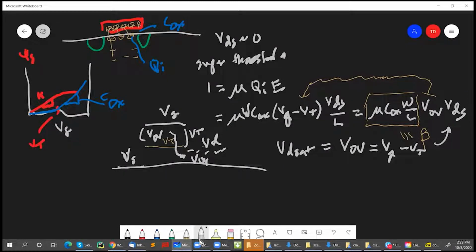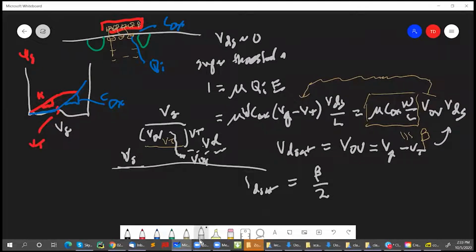You get the square of the overdrive voltage, right? It's just the overdrive, that's how much you're turning on the transistor. And VDS is the voltage at which the current saturates. And so ID sat is going to be equal to beta. And now you actually have to put in a factor of 1/2.